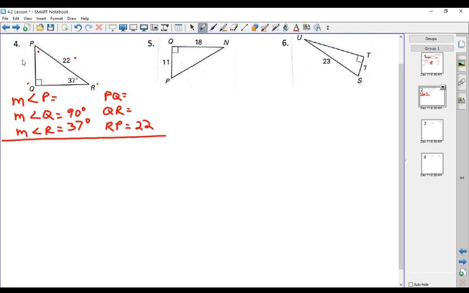So I can either subtract 90 plus 37 from 180, or the quick and easy way is just subtract 37 from 90, because those two acute angles have to add up to 90. So the measure of angle P is equal to 90 minus 37, which comes out to be 53 degrees.